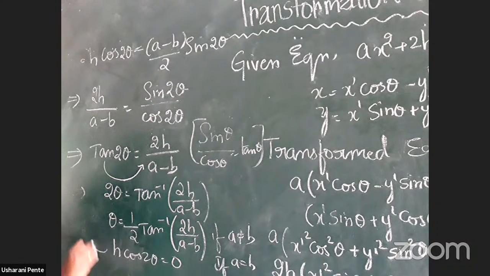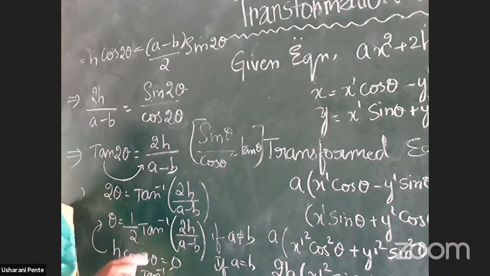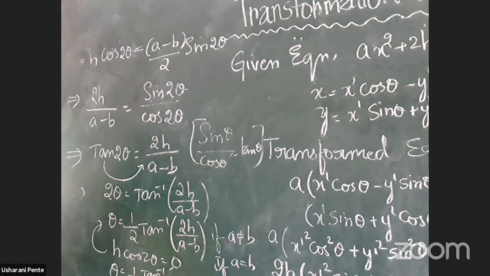And if I substitute here to find the theta value, theta is equal to half into tan inverse of 2h by a minus a. We'll get that as 0, so it will be of the form 2h by 0, that is an infinite form.